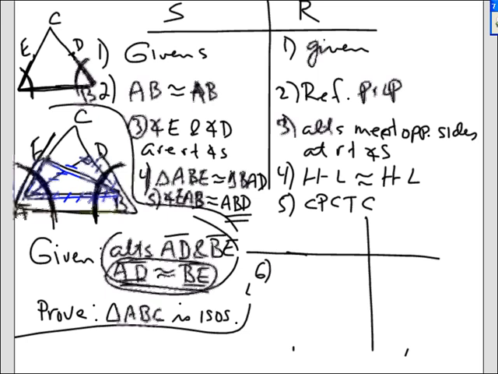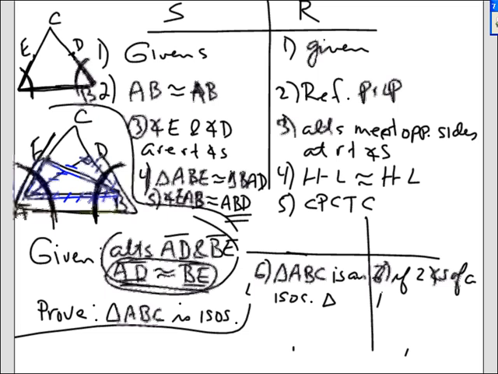Triangle ABC is an isosceles triangle. Reason: if two angles of a triangle are congruent, then the triangle is an isosceles triangle. So the proof is done.